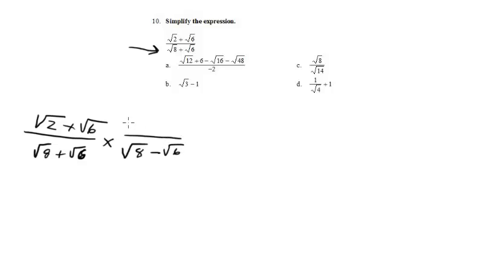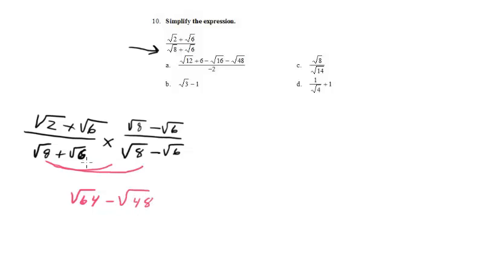In the top, we do the same, square root of 8 minus the square root of 6. And I'll work out the bottom first because that's quickest. So square root of 8 right here times the square root of 8 is square root of 64. We have minus the square root of 48.